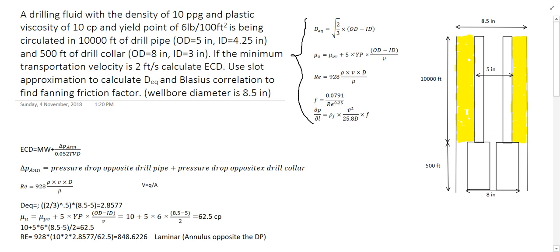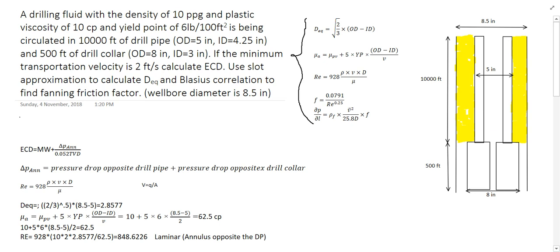For the Reynolds number, what is changing is the velocity, the D, which is the equivalent diameter, and the mu, which is the apparent viscosity. The F for the velocity correlation is provided, and the pressure drop for the turbulent regime is also provided.